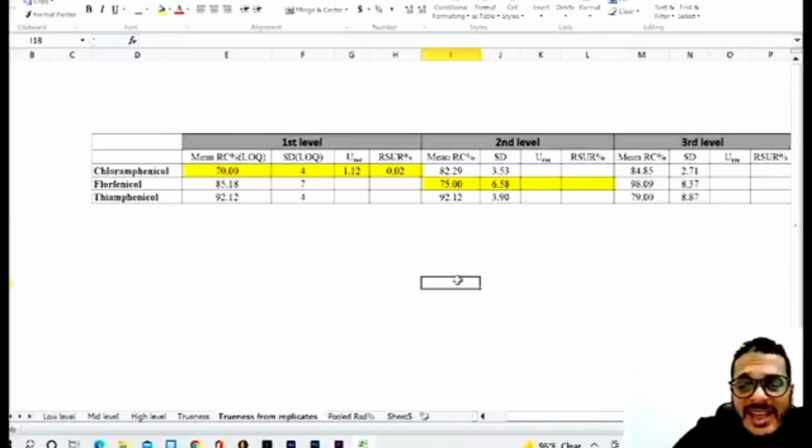Now, if you don't have a CRM for your target analyte to evaluate the trueness, you can use the 3 levels or the 4 levels, whatever number of levels you prepared at the beginning to evaluate repeatability and reproducibility. You can use them also to calculate the relative standard uncertainty, evaluate the trueness, and calculate the bias percentage.